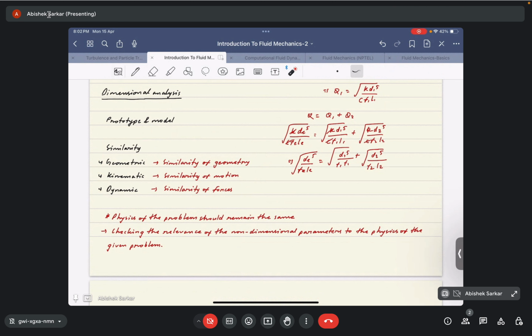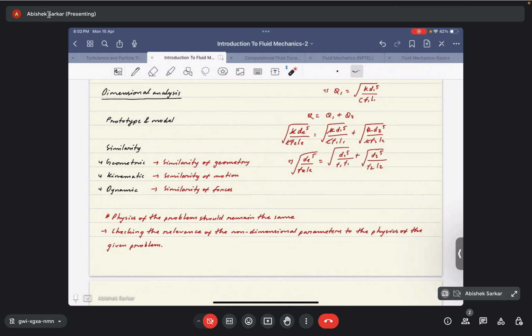Similarly, there can be different problems with many more parameters that we need to control, but those parameters can be reduced, for a better understanding, and replaced by a fewer number of non-dimensional parameters or numbers.